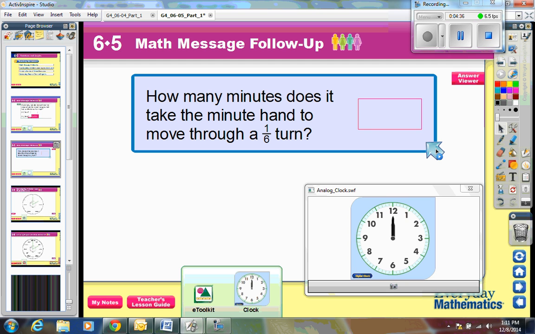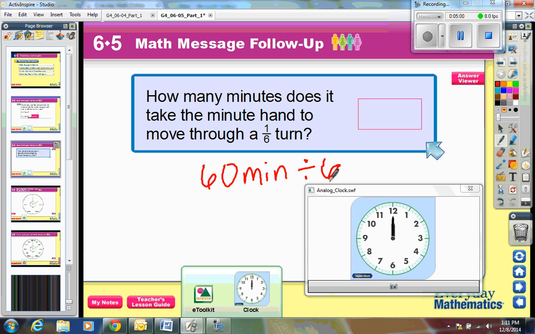Now how about 1/6 of a turn? Well, think about what we know with division, in that we know that there are 60 minutes in an hour. And that one rotation is 60 minutes. Now what if I cut those 60 minutes into 6 equal pieces?